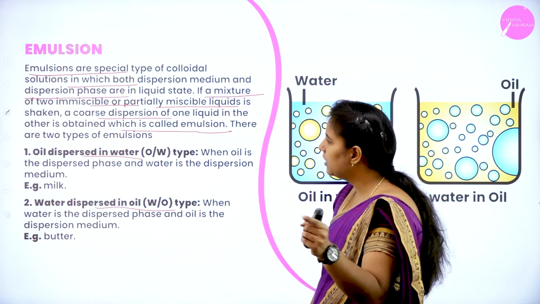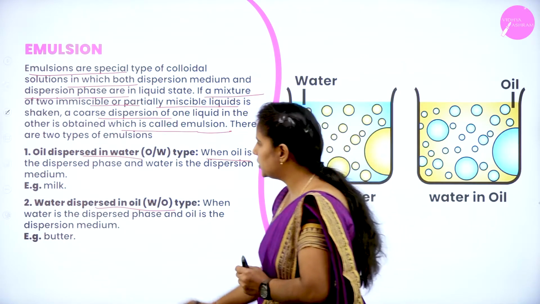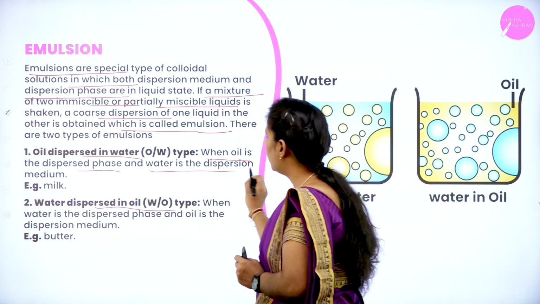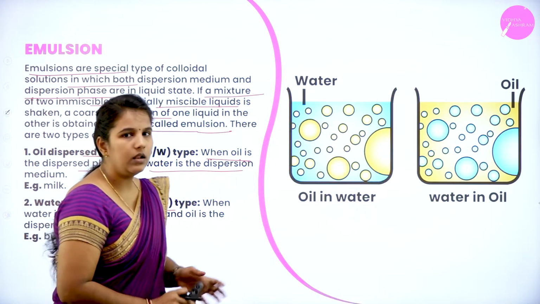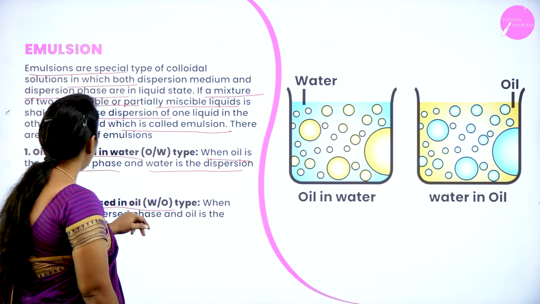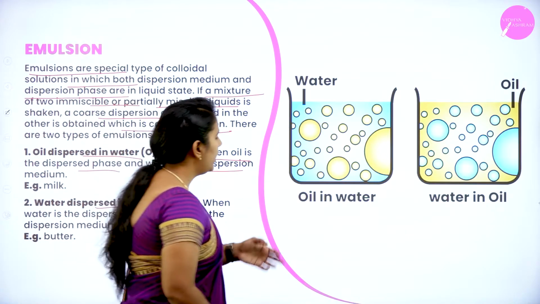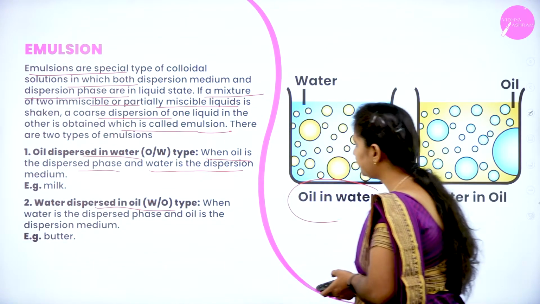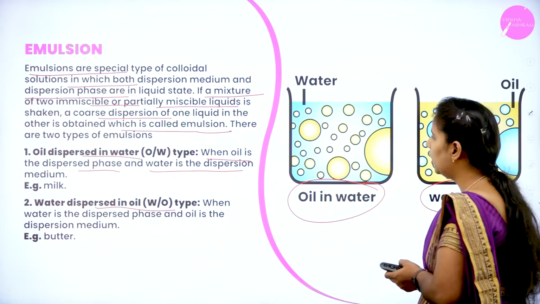So, what is oil dispersed in water? When the oil is the dispersion phase and water is the dispersion medium. For example, milk is an example for that. You can see oil in water, and another one is water in oil.